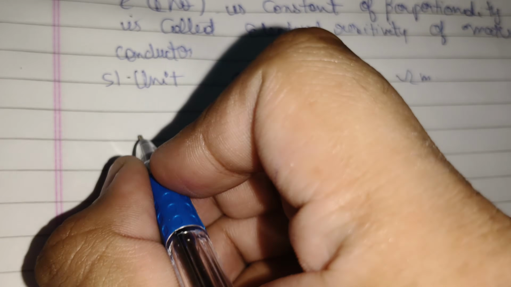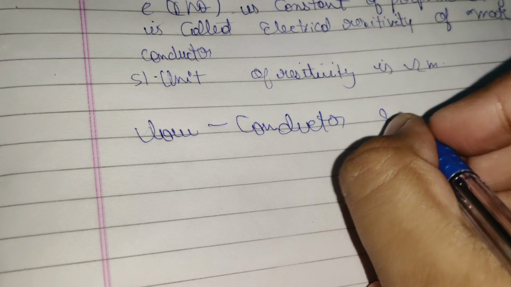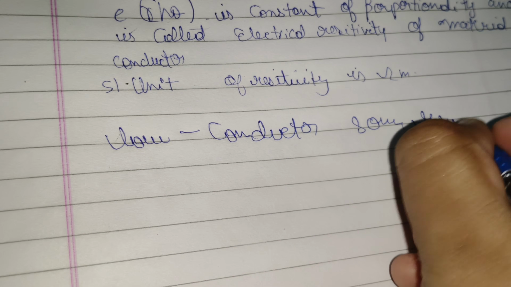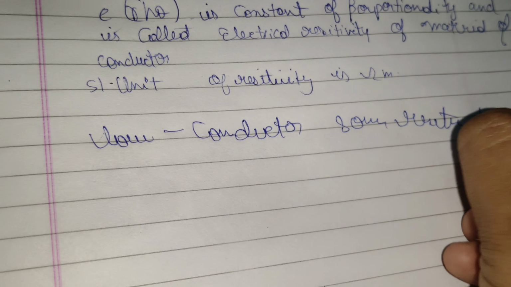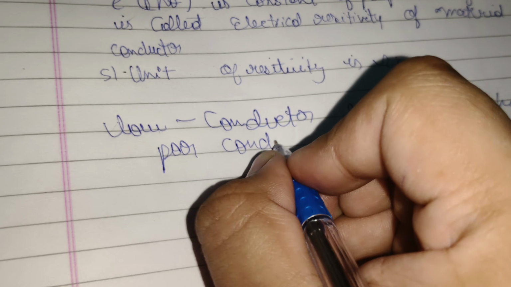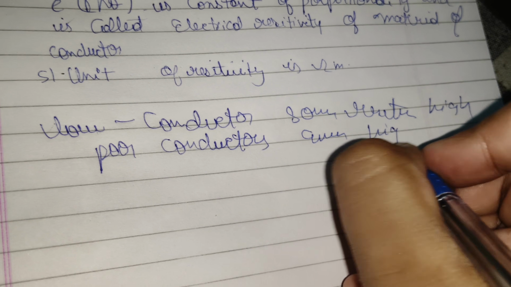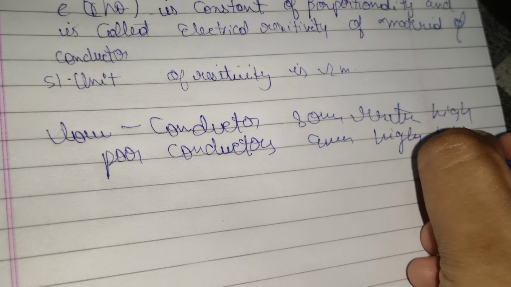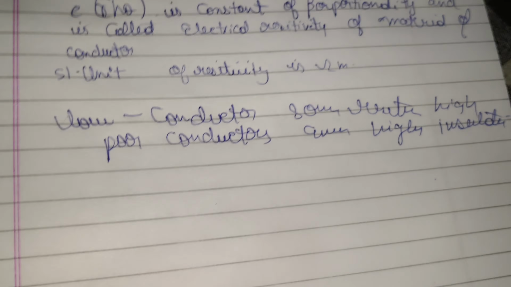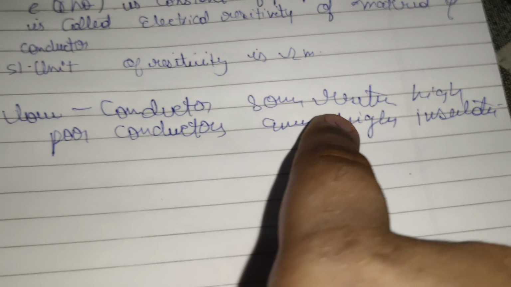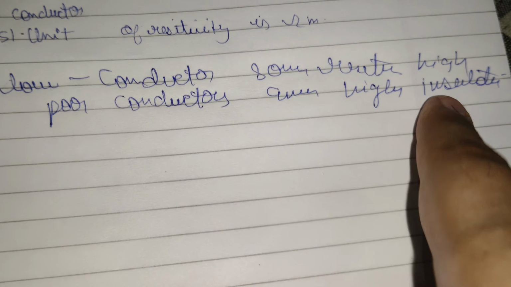Those materials that have a low resistivity are conductors, those with some resistivity are resistors, high resistivity is a poor conductor, and even higher resistivity is an insulator.